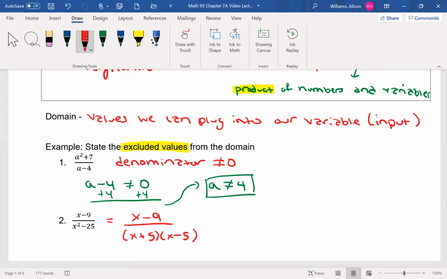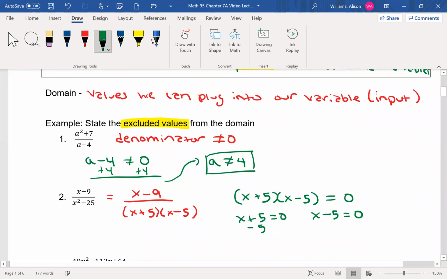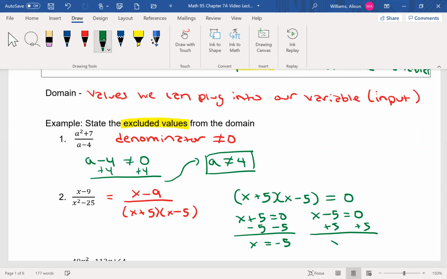And since I'm interested in where the denominator equals 0, I'm going to go ahead and set this equal to 0. And this thing equals 0 when x plus 5 equals 0, or x minus 5 equals 0. Or, solving for x, I'm getting x equals negative 5 and x equals positive 5.